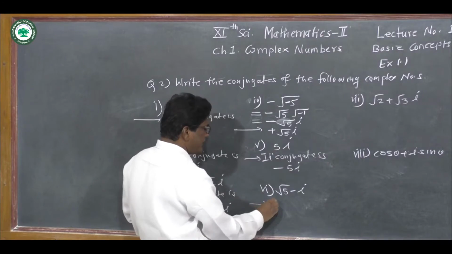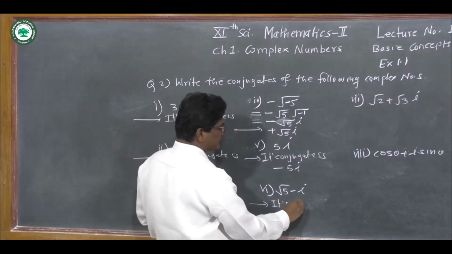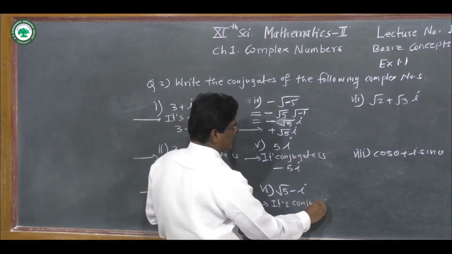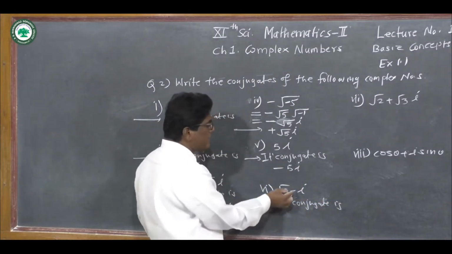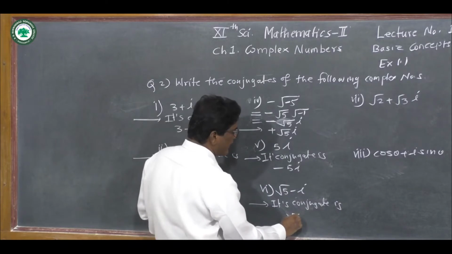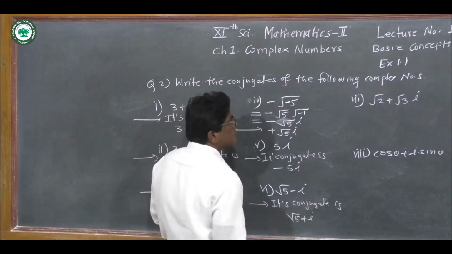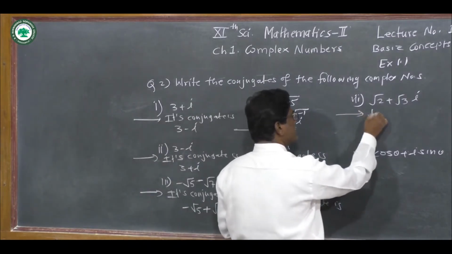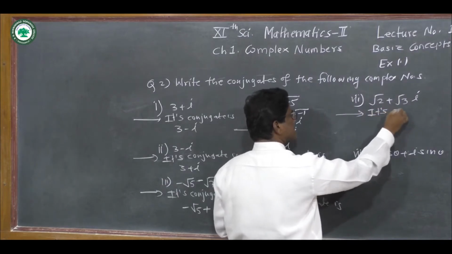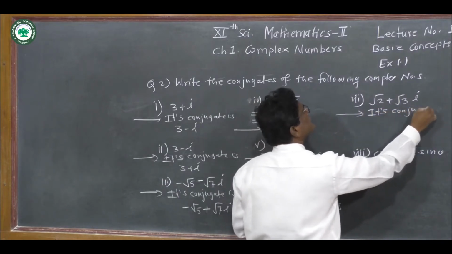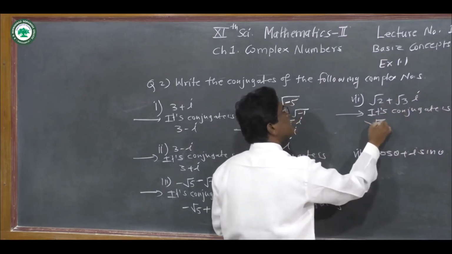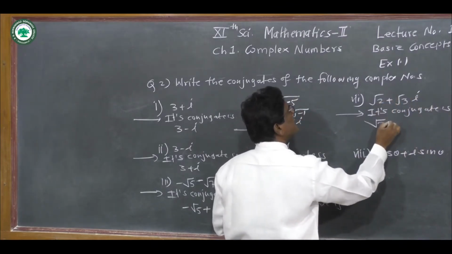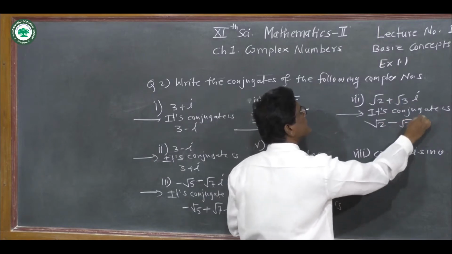Now here its conjugate is, change only the sign of i. Here minus, so take plus, so root 5 plus i. Now here its conjugate is, change the sign of this imaginary part, that means root 2, here plus, so take minus, so minus root 3 into i.